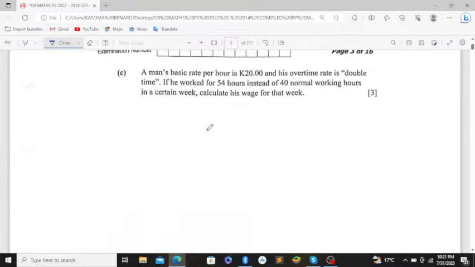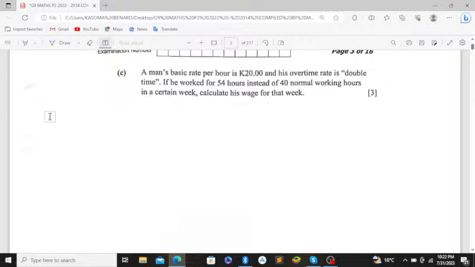Question 1C is time: if he worked for 54 hours instead of 40 normal working hours in a certain week, calculate his wage for that week.